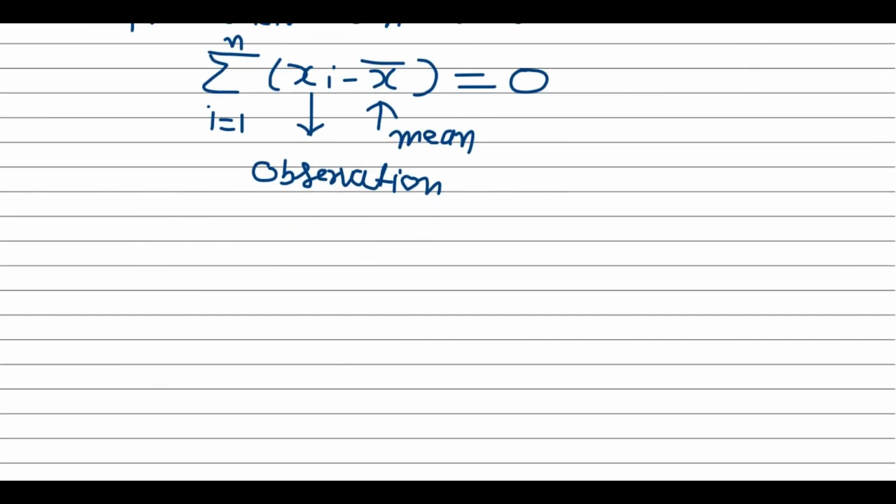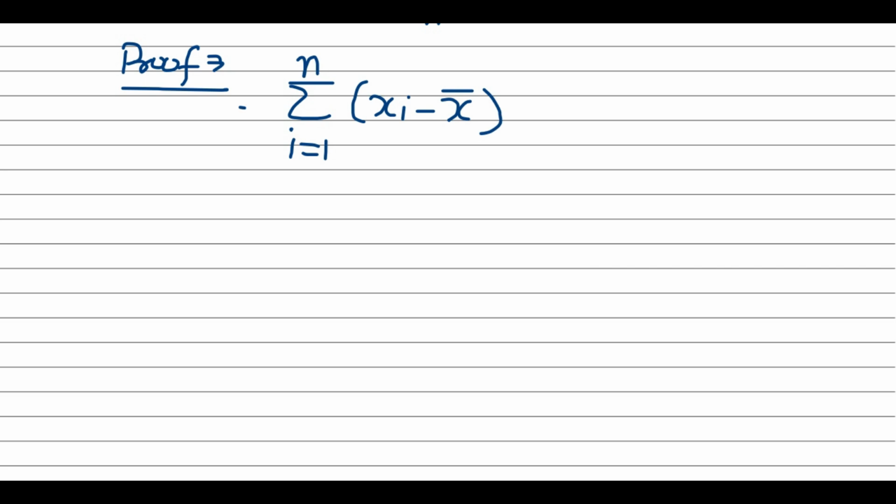So let us see the proof. We have the summation from 1 to n of (xi - x bar).